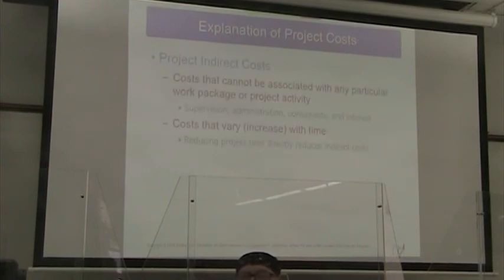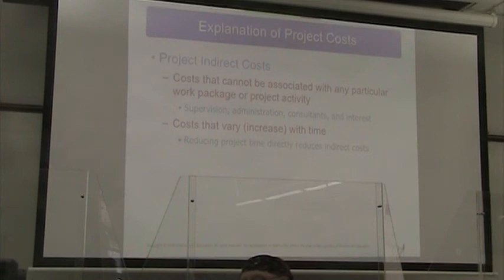All right, so project indirect costs, we've already talked about that a bit. So they can't necessarily be associated with a particular work package, a particular activity, etc. Right? So that would be like supervision, administration, consultants, interest on the money we may have borrowed to do the project.